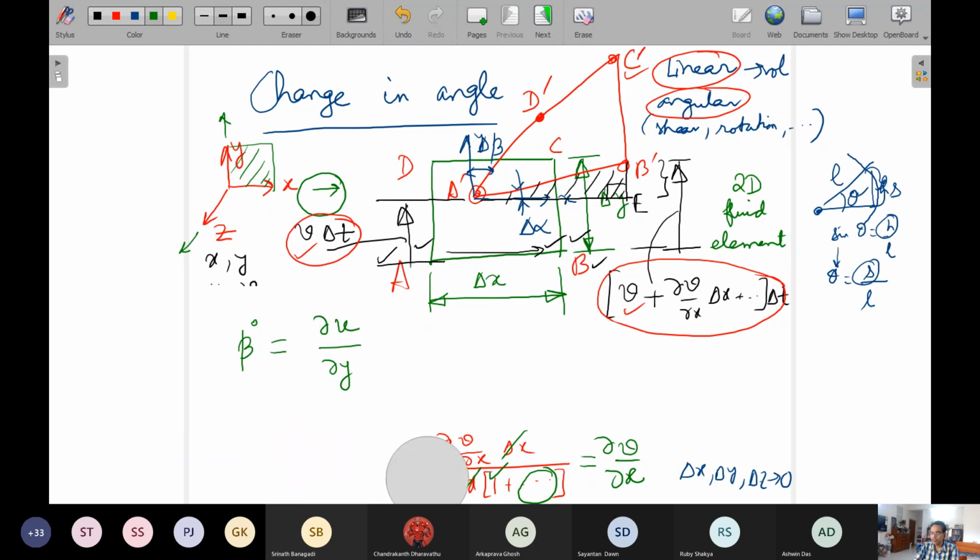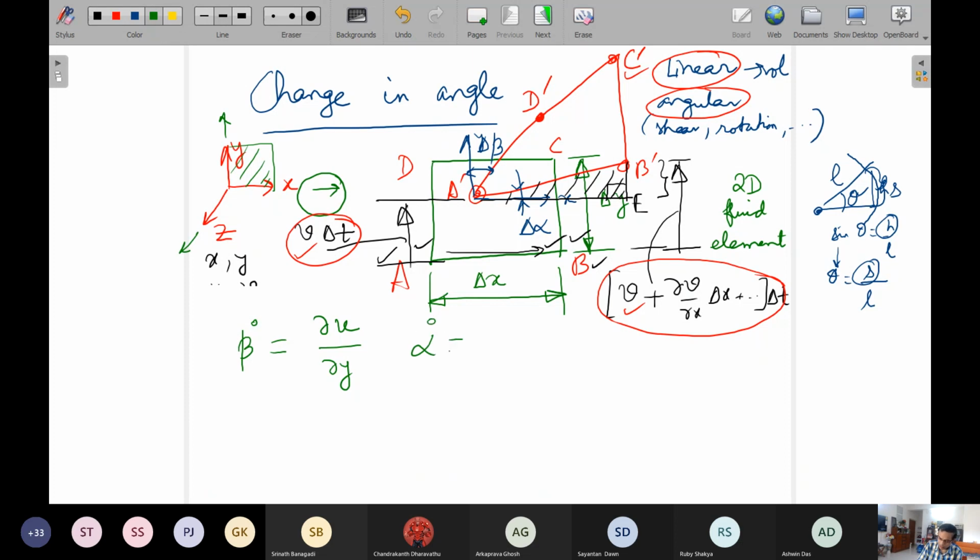But again, this is not something which directly we can use for any physical calculation related to what is happening for a fluid. So let me just write that expression, and now I will discuss how you can relate it with something more physical.